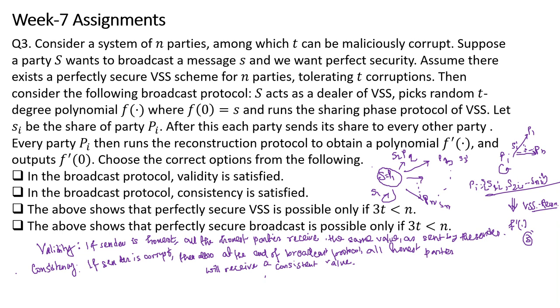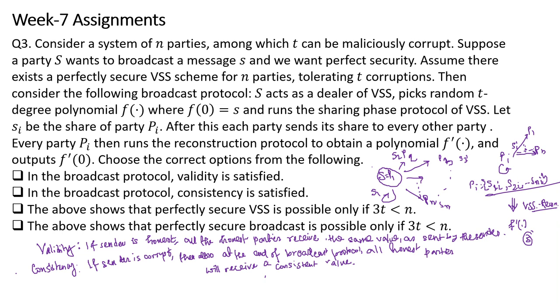Now, the first two options are clearly correct. The third option says that the above shows that perfectly secure VSS is possible only if 3t is less than n. This is actually true. Why? Suppose we assume that perfectly secure VSS is possible even if n is equal to 3t, for example.